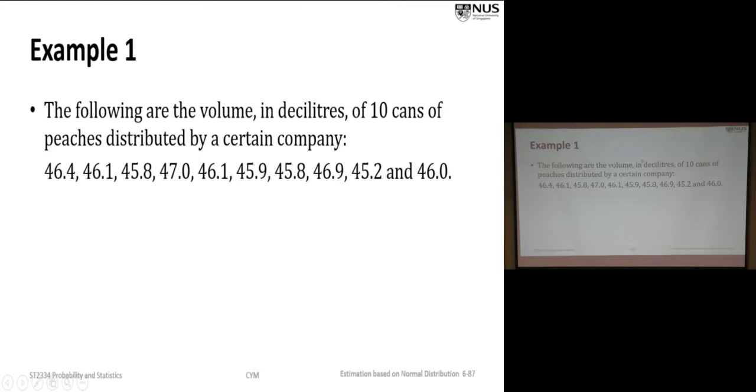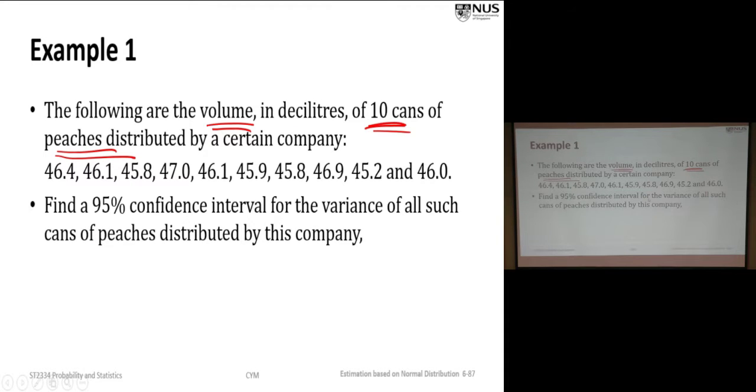Okay, so naturally, the next question. This is an example. We have 10 observations of the volume of 10 cans. These are the 10 numbers, and we want to construct a confidence interval for the variance of all these cans.